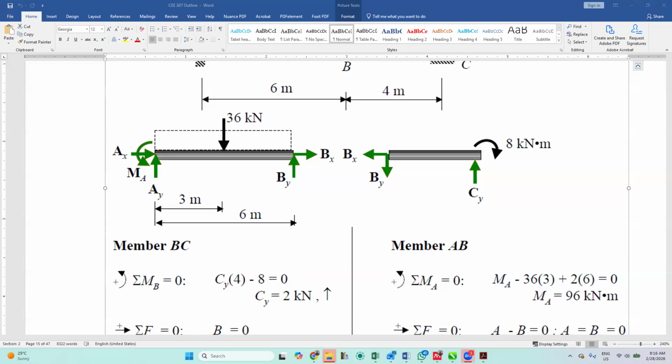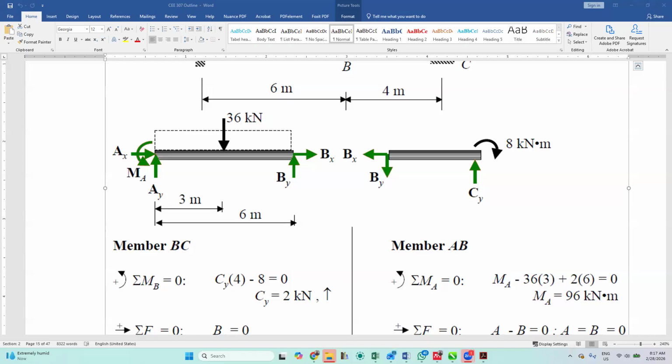It's applied at the center of the member. So if it's coming, it comes like this, in this direction. Now, if I look at my sign convention, is this direction positive or negative? It depends.